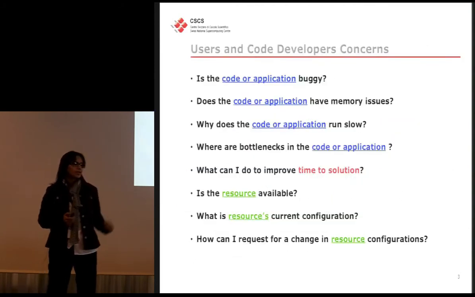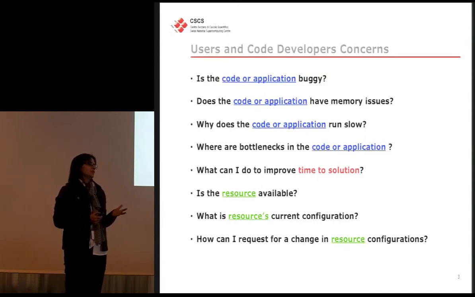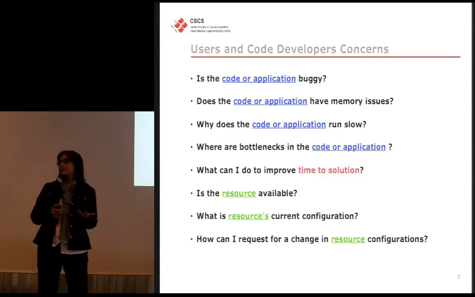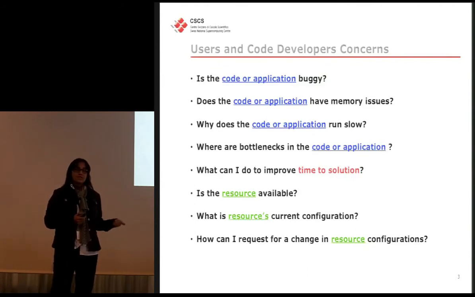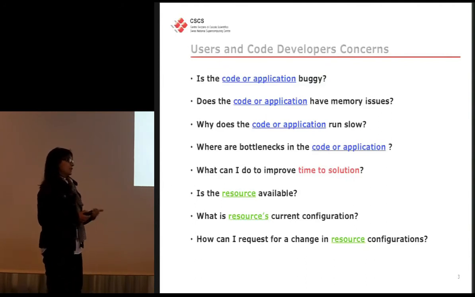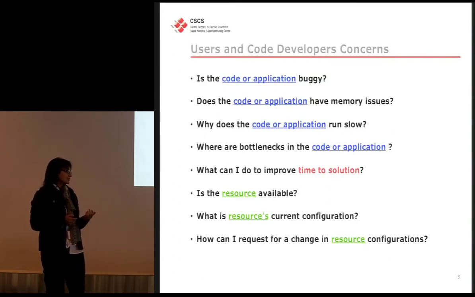So I will go through this quickly, but typically, if you're a user or a code developer, you are mainly concerned about the correctness and efficiency of your code, because your end goal is to solve your problem as quickly as possible.